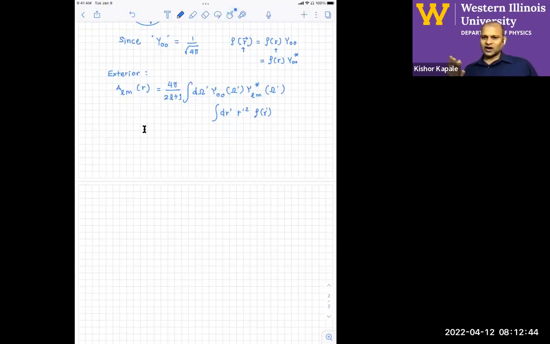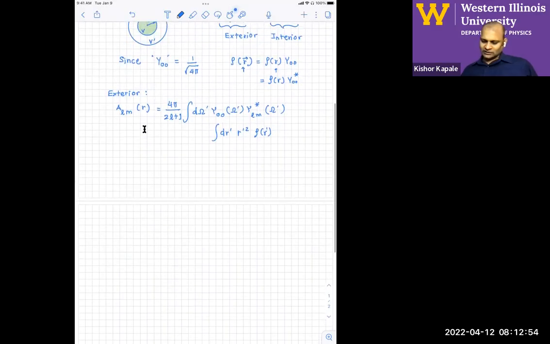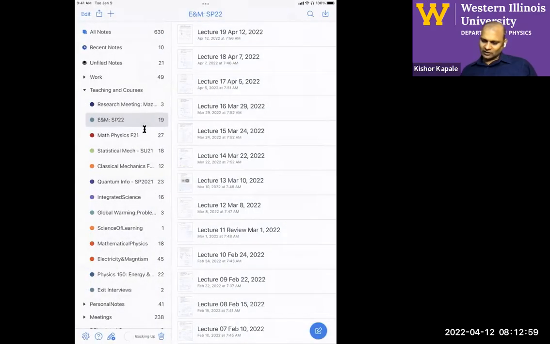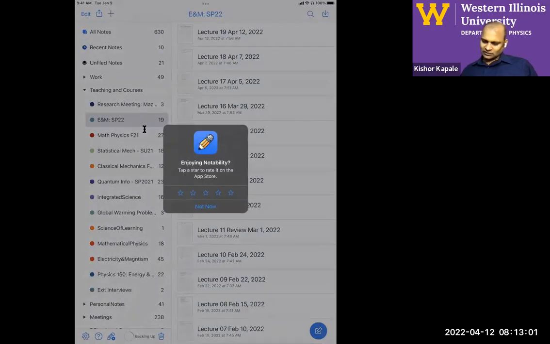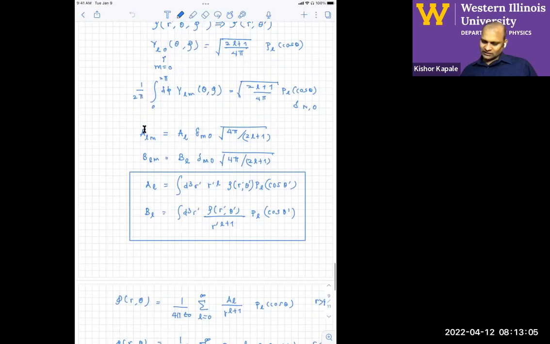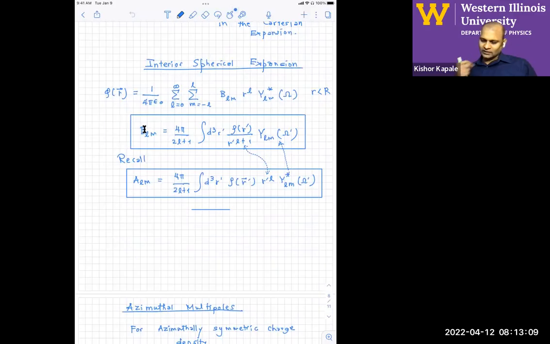And the radial integral we are not going to be able to evaluate, because they do not give us any specific form for it. So we're just going to stick to it like that, right? So where is this coming from? I just directly wrote it down. Let's go back to last time's lecture, and these are the azimuthal ones. So here is the expression for the A_LM.